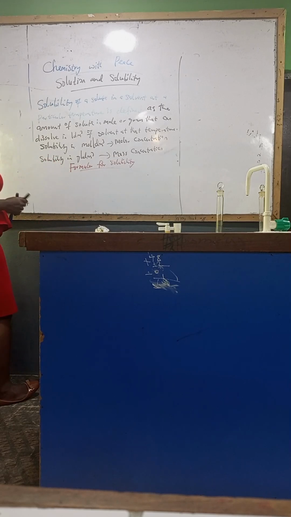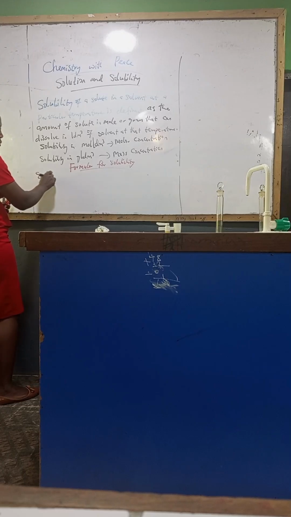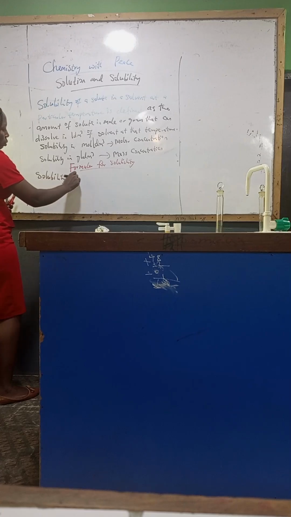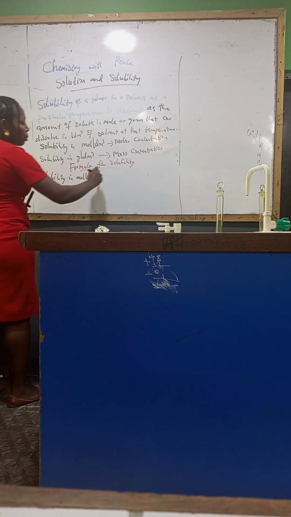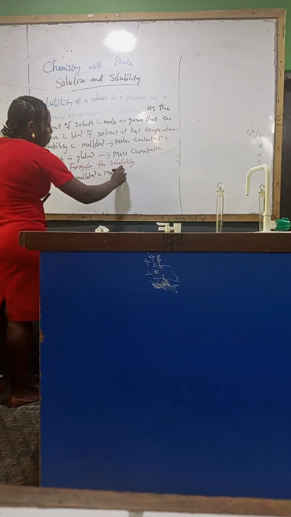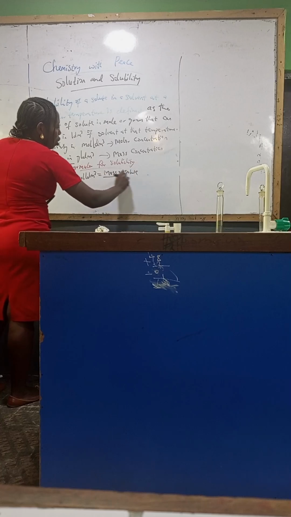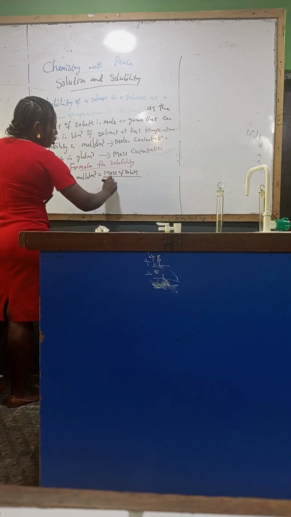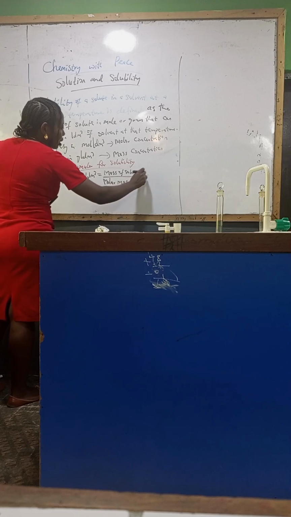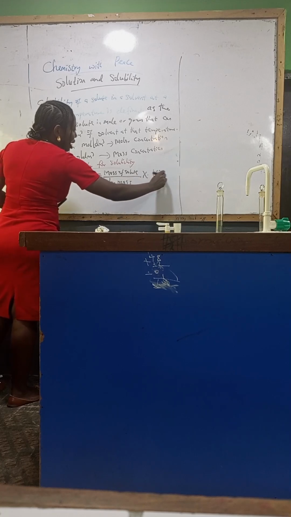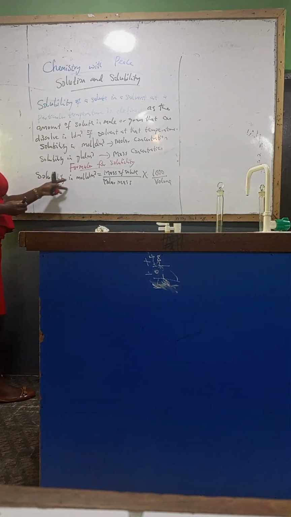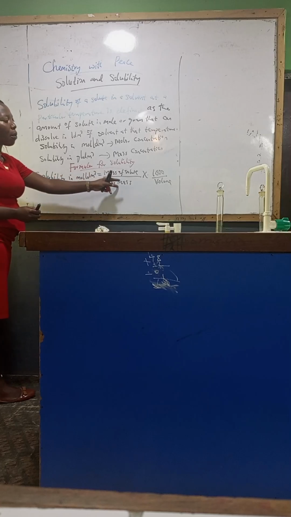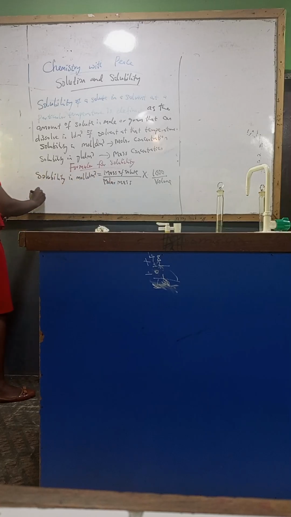For solubility in mole per dm³, we use the formula: mass of solute over molar mass, times 1000 over volume. So solubility in mole per dm³ equals mass of solute over molar mass times 1000 over volume.